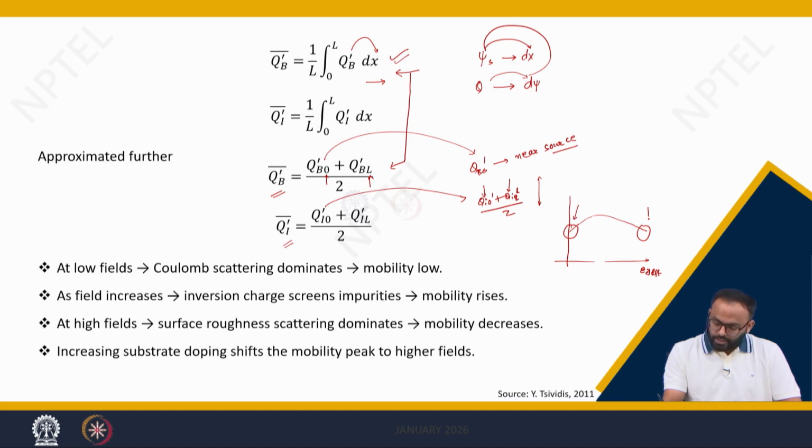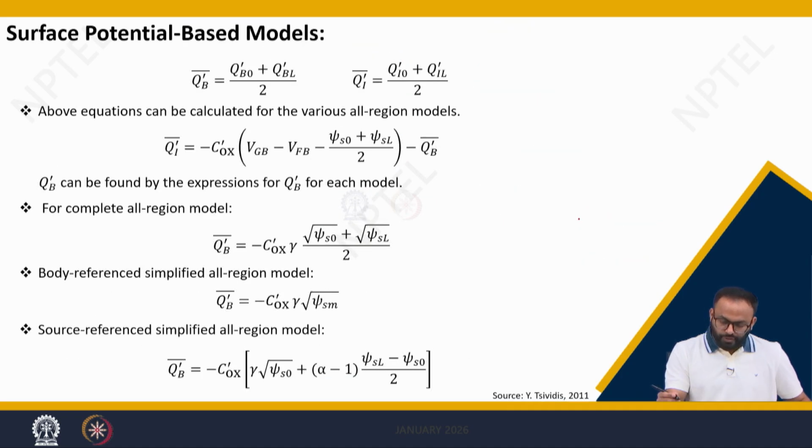In these conditions this simplification will not hold. That is why we started our analysis with an assumption that E y is not very low. It is a bit high such that the inversion charges are there and they screen it, such that the Coulomb scattering is negligible.